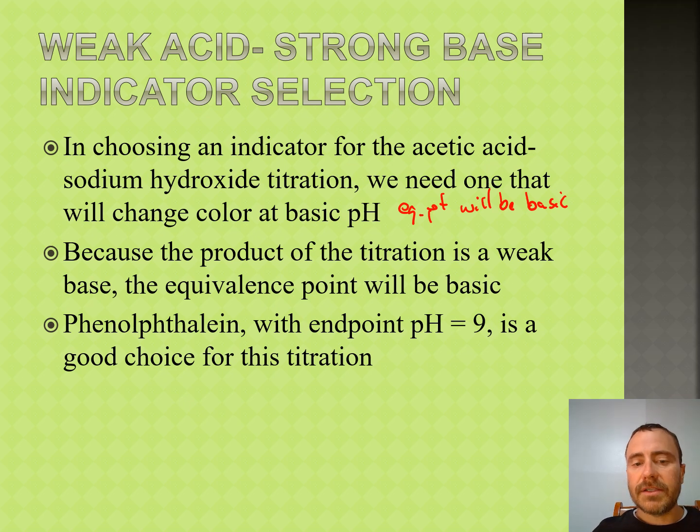So thus, we need something with an endpoint that is also basic. We need something that will change colors when we have a basic pH. So choosing something with an endpoint of like 4 is worthless to us. We need to choose something like the phenolphthalein here that has an endpoint around a pH of 9.